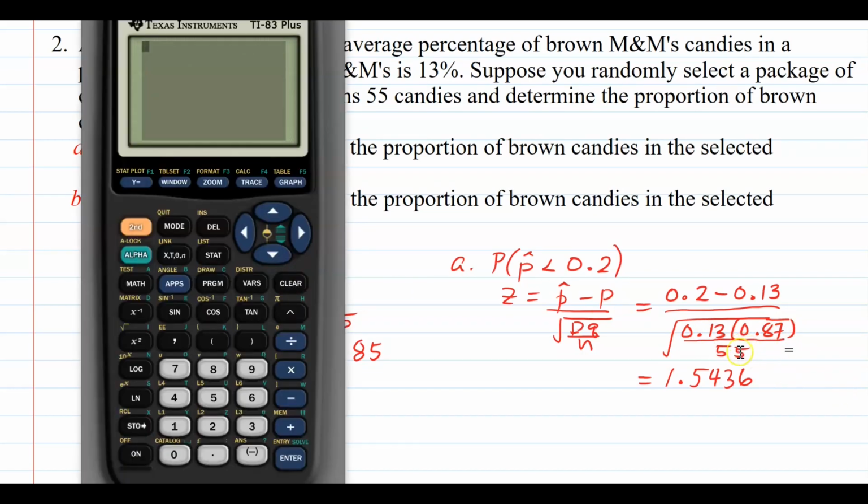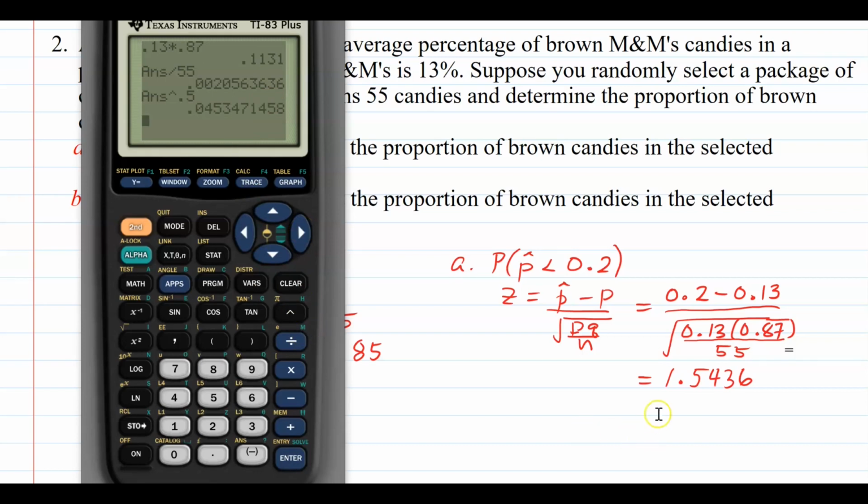So using our calculator, we will calculate first the numbers inside the radical. So we have 0.13 times 0.87 equals 0.1131, and we're going to divide it by 55. And the result is 0.0020563636. We'll take the square root of that number.